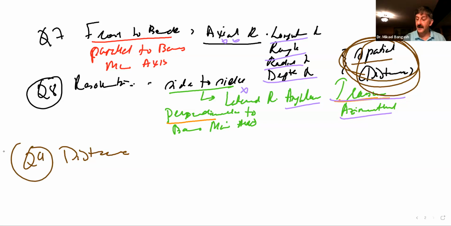Axial resolution and lateral resolution are both measured with the unit of distance. We can measure it in centimeters, millimeters. Nobody says that you can't express it in micrometers.